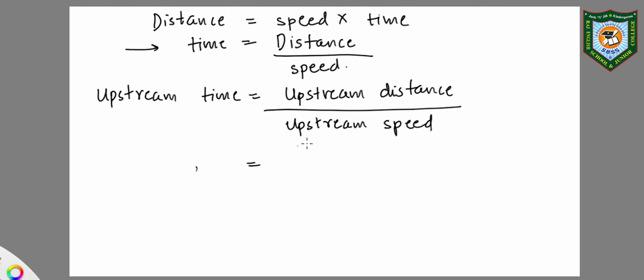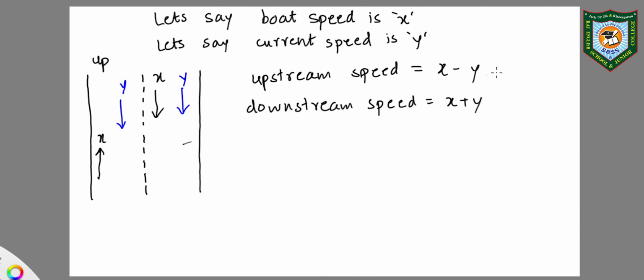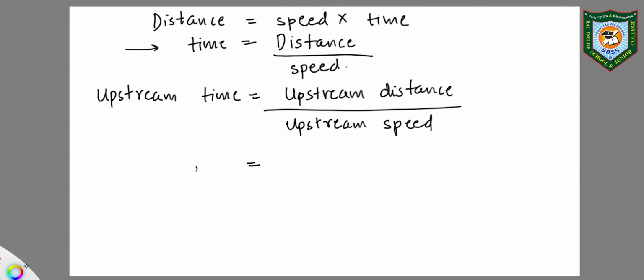So which is equal to upstream distance, 16 kilometers, and our upstream speed is x minus y kilometers per hour. So coming back to our upstream time, this is 16 divided by x minus y. Now for our downstream time.